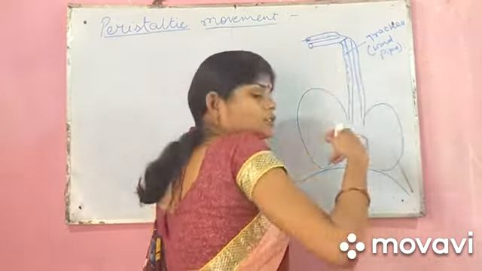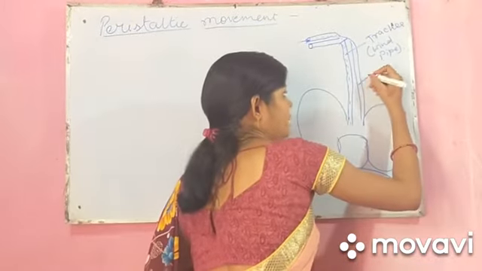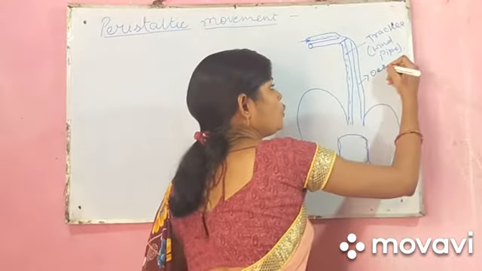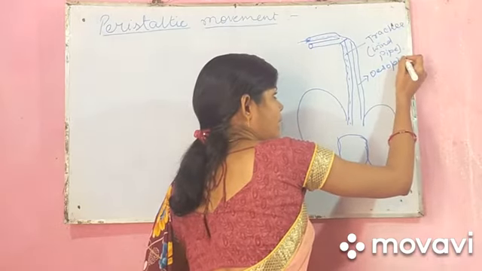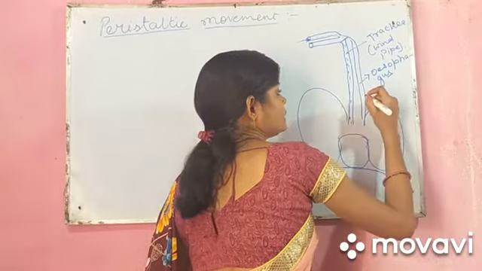But just below the trachea, there is another pipe, the esophagus.